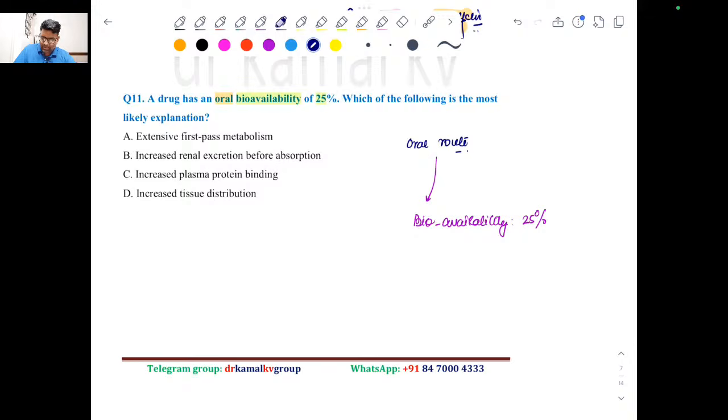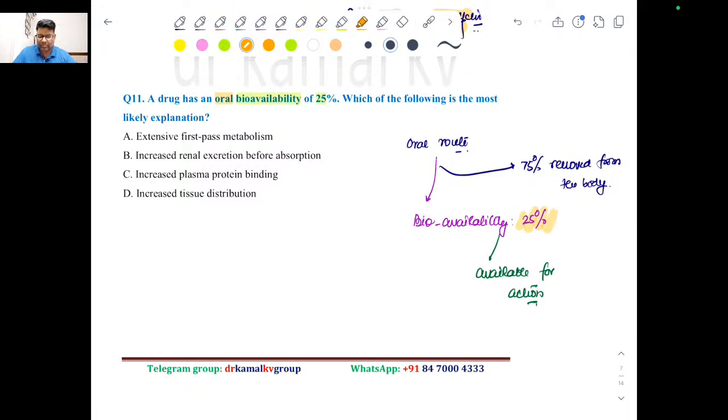So it means 75% of the drug is removed from the body. So bioavailability means this is available for action. So what is the reason why there is so less bioavailability? I think it's a very basic question.